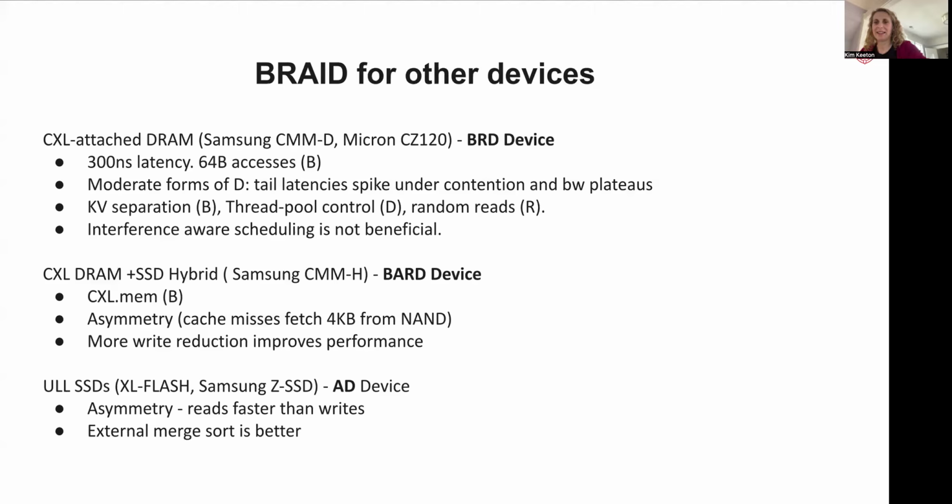My question is on the CXL DRAM SSD hybrid, the case in the middle. It seems like there's this property where if you burst data out, there's a volume you can burst out where it'll all be buffered in memory. But when you exceed that, you're going to start triggering write backs that are a little slow. That's a uniquely different property of having this write buffer capacity: you can burst things out, but if in steady state you exceed the bandwidth that you can write back to SSD, you're going to get throttled back.